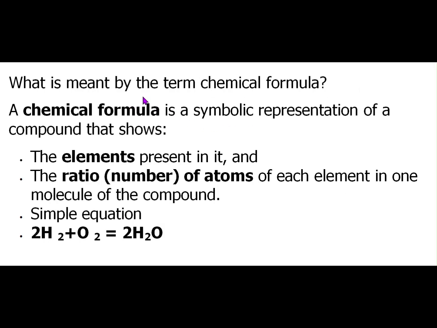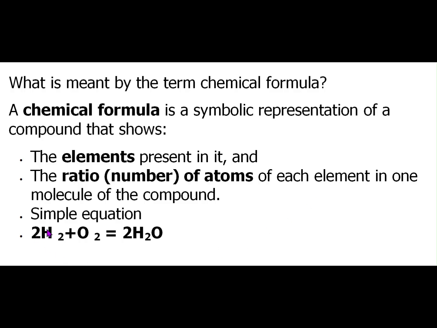What is meant by the term chemical formula? A chemical formula is a symbolic representation of a compound. 2H2 + O2 = 2H2O. What does it show? The elements present. Hydrogen is present, oxygen is present. Two elements. The ratio of atoms of each element.